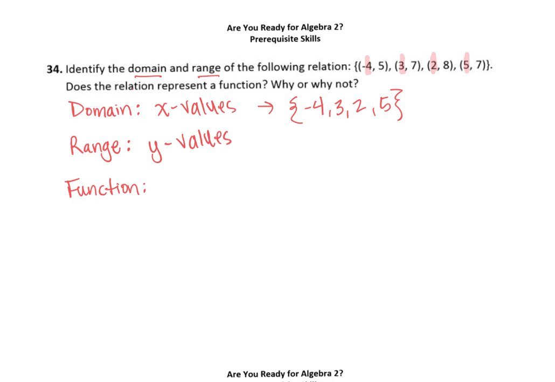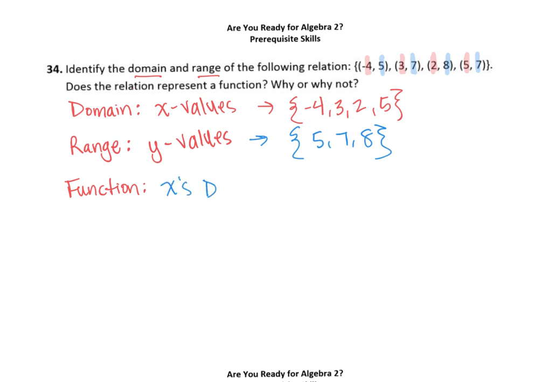The range is all the y values, everything that comes second. So 5, 7, 8, and 7 repeats. Now, if something repeats, you do not have to list it more than once. So 5, 7, 8.